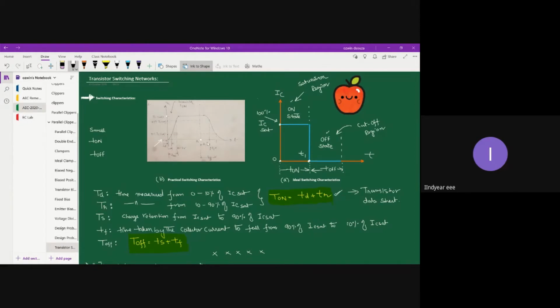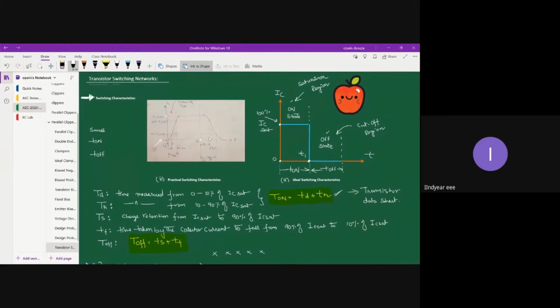Now if you look at the bipolar junction transistor structure, you know that the bipolar junction transistor is composed of majority charge carriers as well as minority charge carriers.